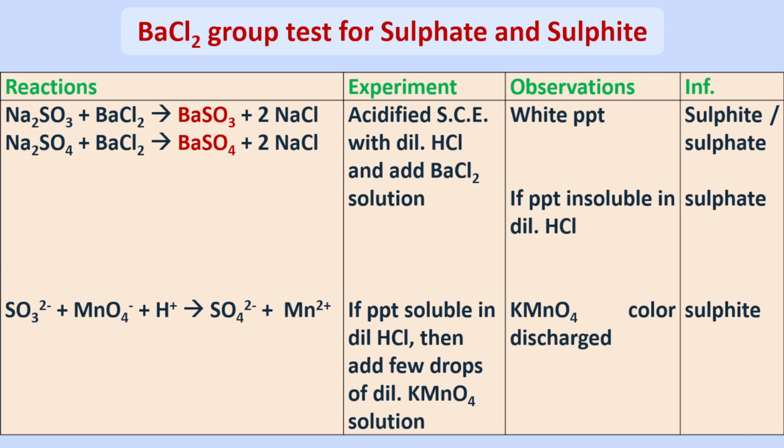If the precipitate remains insoluble, it is sulfate ion. If the precipitate gets dissolved, then add a few drops of dilute potassium permanganate solution. If the color of potassium permanganate is discharged, it confirms the presence of sulfite ions.